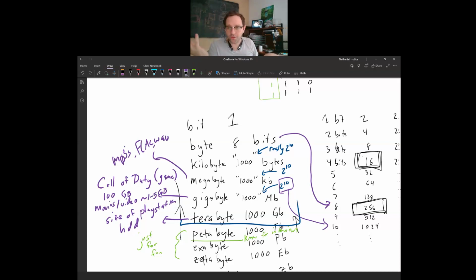A higher quality movie is going to be more in the 5 gigabyte territory. That's going to be your 4K movies, your Blu-ray DVDs, in the 5 to 10 range. But that tends to be rare unless it's a very high quality movie. Like I said, 4K, Blu-ray, that kind of stuff.